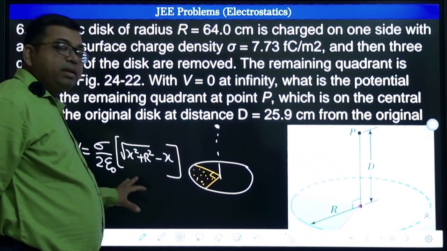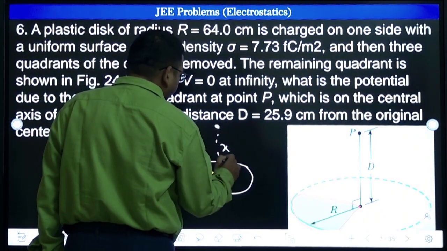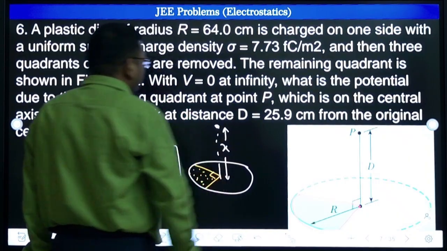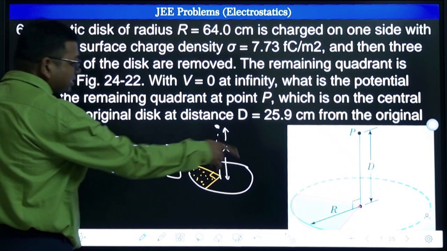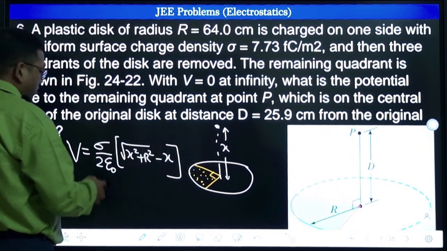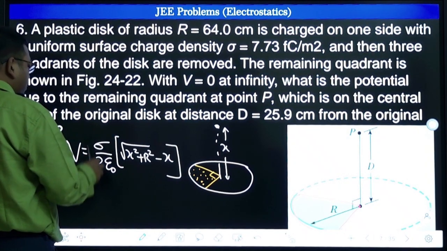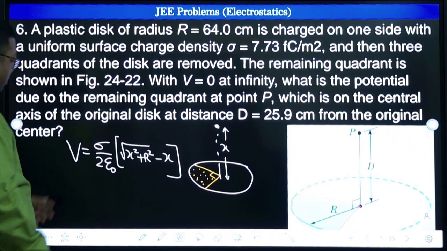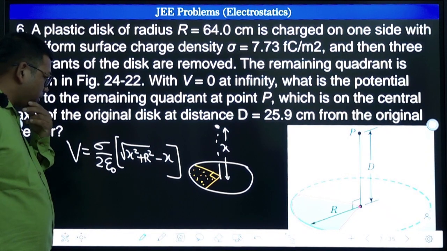We already know this formula. X is the distance of this point from the center of the disk. All these values are given here. X is that capital D. So now what do we need to do? What is this sigma? Sigma is charge per unit area.